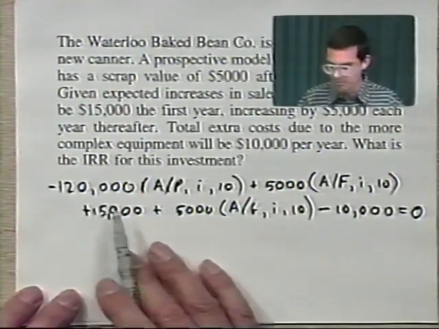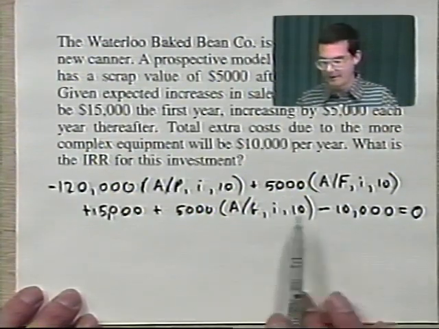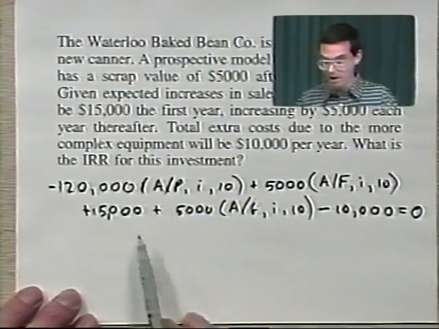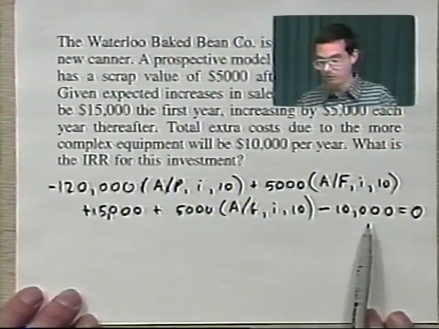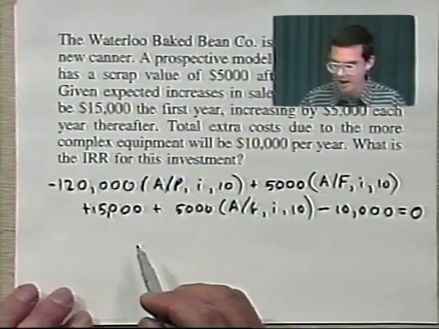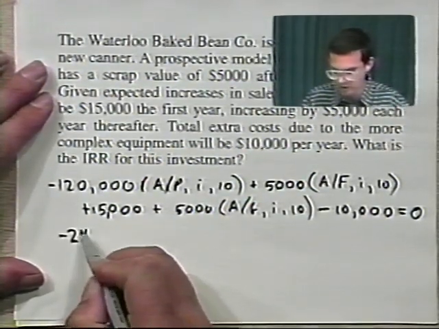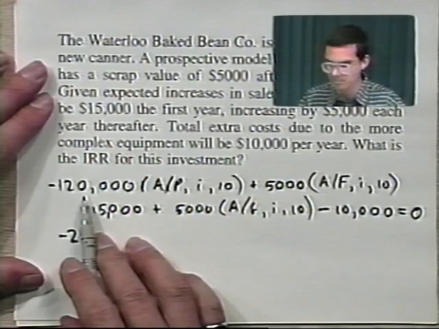So to solve it, I can start simplifying. For example, I can divide by $5,000 for one thing. I can combine this $15,000 and this $10,000 here. And I end up with this. I get minus 24. That's dividing the 120,000 by 5,000.